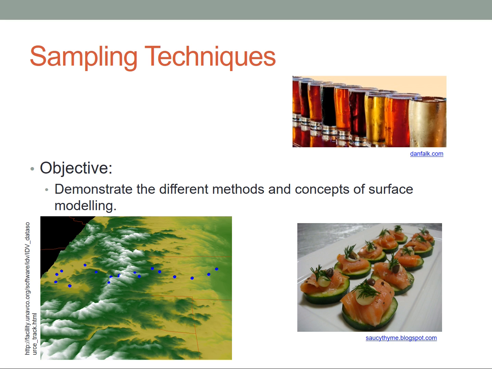Do you really get to enjoy the full experience of drinking an entire pint? No, you only have a little bit. The same with snacks. You're not going to have the full experience of a whole smoked salmon on your cucumber slices.